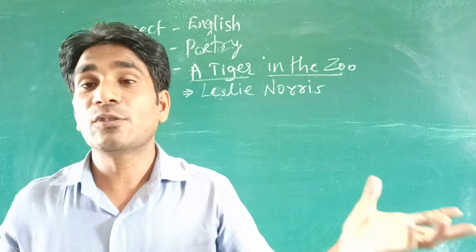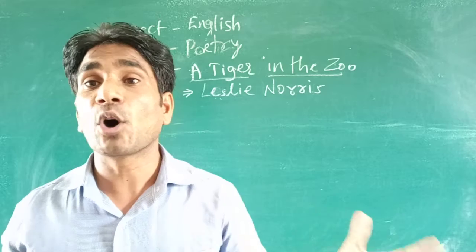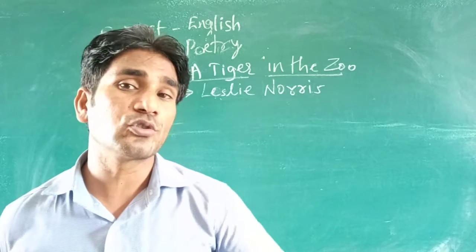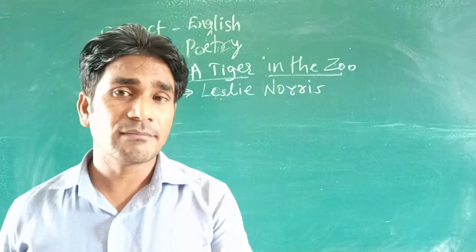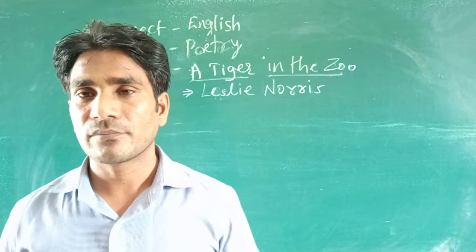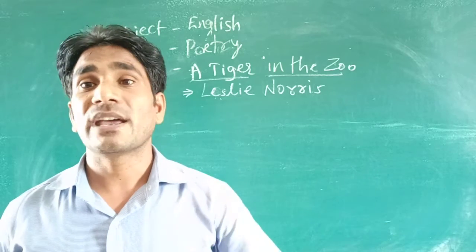Why? Because they too have liberty, they too have rights, they too are born to be free, as we are. That is a great appeal made by the poet to the readers, to humanity.